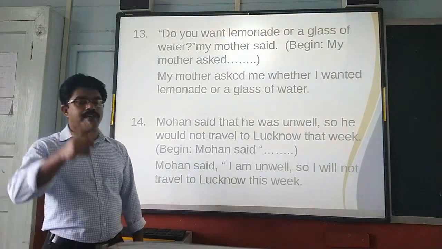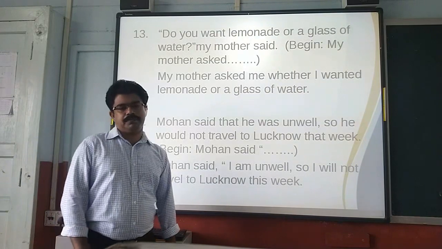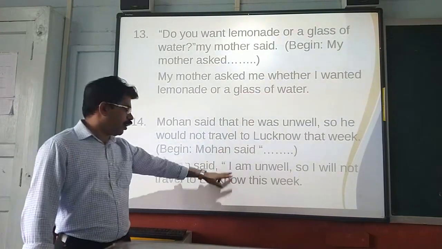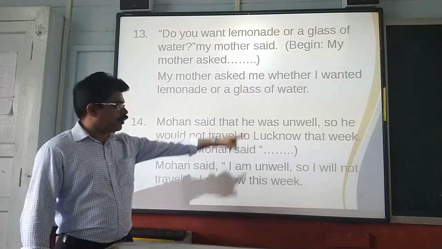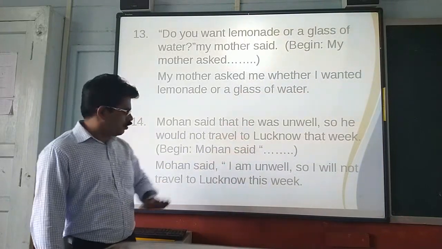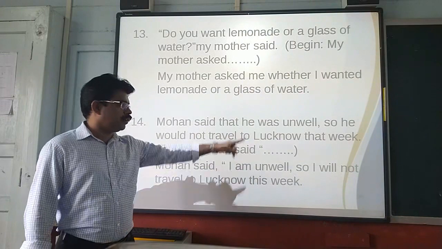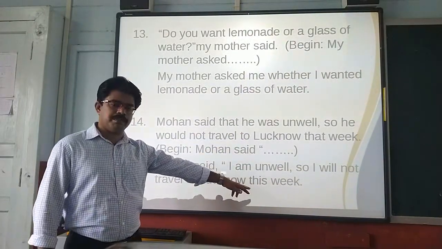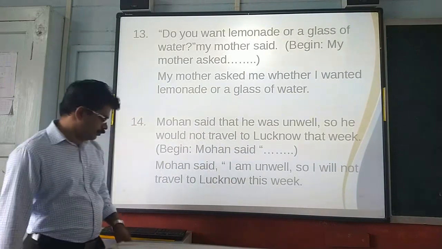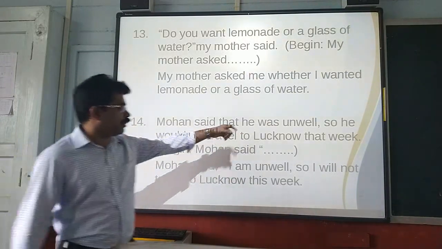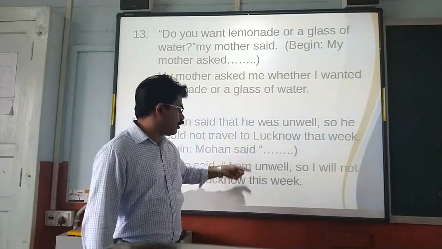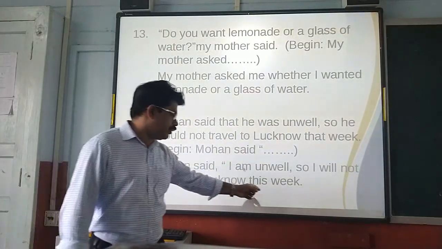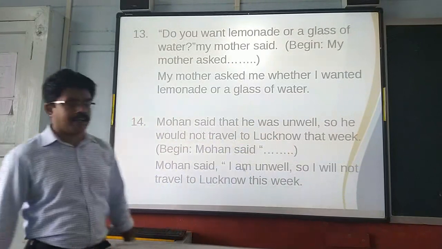I am unwell. See, he was unwell. He will not travel to Lucknow that week. This week. Okay, so it changes. You have to see that I becomes he, am becomes was. Then again one more he is there, and this week becomes that week.